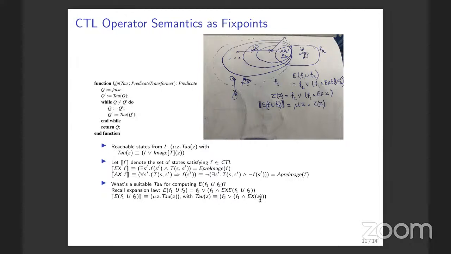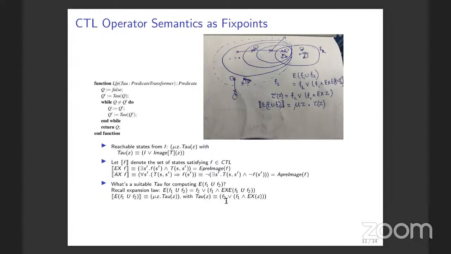So you're adding things. So when Z is false, EX of false is false, and F1 and false will be false. So tau 1 will be F2.